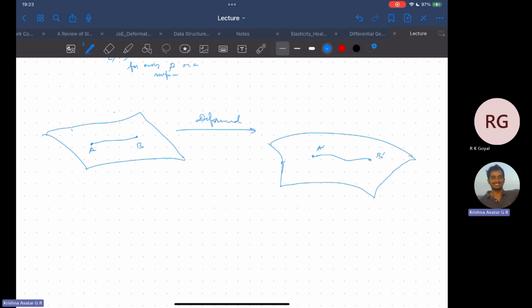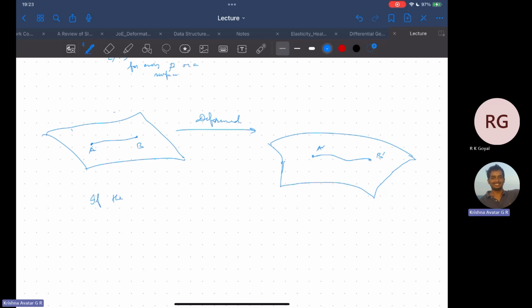So what happens is, if the surface S is deformed without stretching it, just bending it, then the distance between A and B will remain preserved, right?